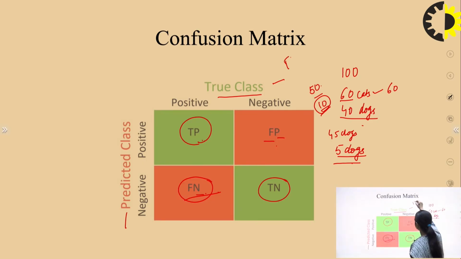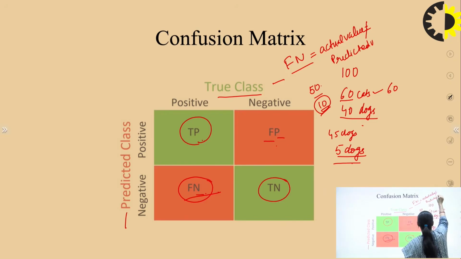In false negative, we say the actual value is not present and the predicted value is saying it is not there.